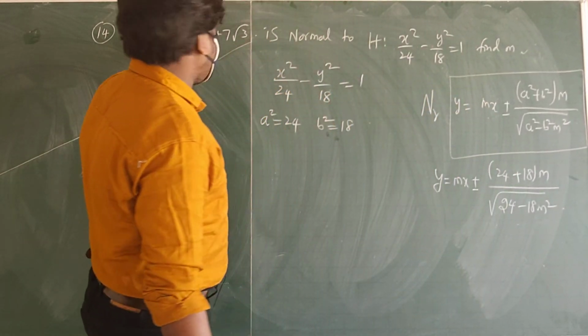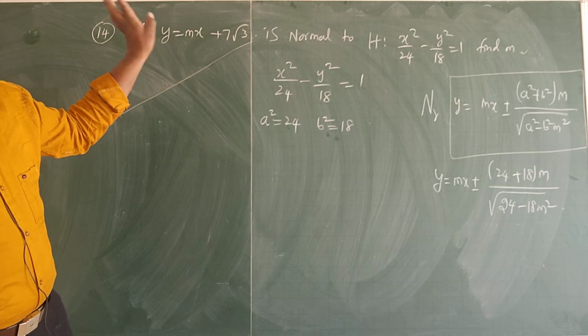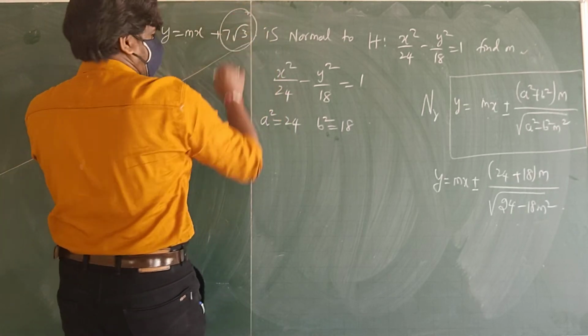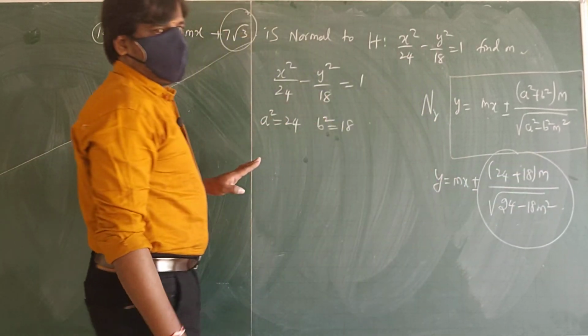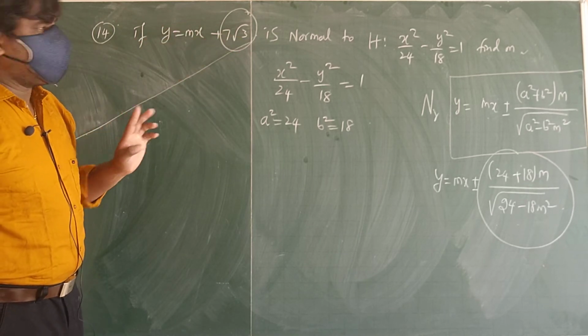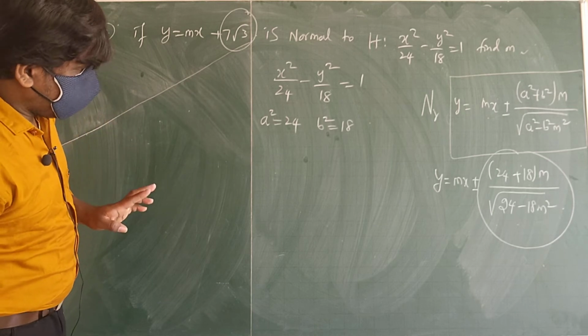If you compare this and this, both are the normals only. Only this c is different. So equate these both and you will get the m value, because this normal and that normal are the same. So the constant c you have to equate.